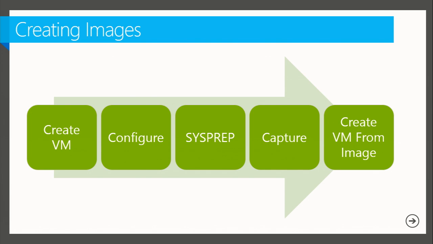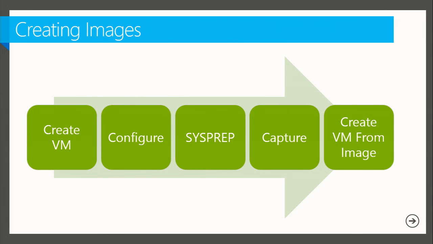Sysprep on Windows will generalize the machine so that you can spin up multiple copies of that. You then basically say capture. You sit in front of your laptop and go capture. No, there's a button that says capture. And then once that's done, it deletes the virtual machine, creates a disk from it, and then that disk will appear in the list of images that you can create virtual machines from. It's super easy to go and set that up.